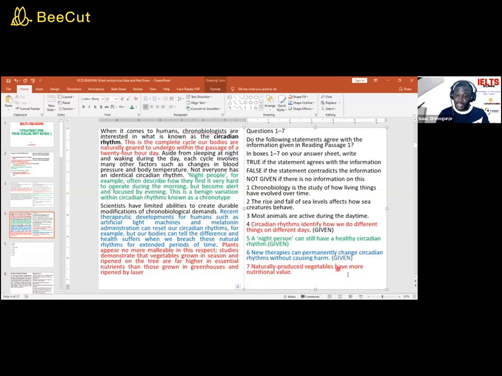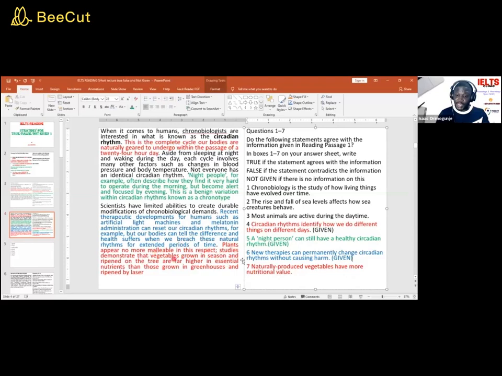naturally produce have more nutritional value. This is the statement. Plants appear no more malleable in this respect.